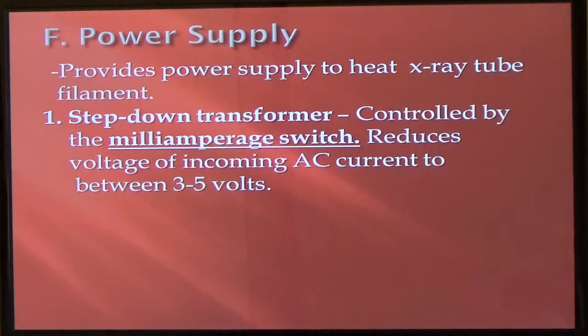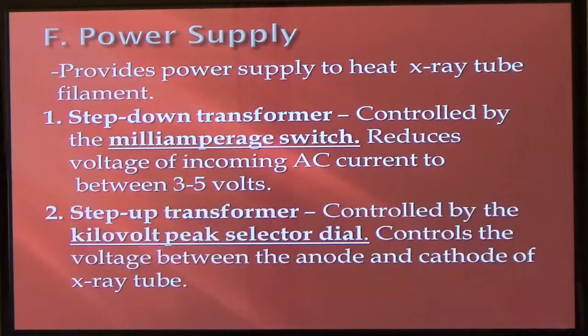This reduces the voltage going from AC current down to about 3 to 5 volts. So if we're going from 210, it breaks it down to 3 to 5 volts, which is needed inside the tube there. Then you have a step-up, which is the kilovolts, and that's after the 3 to 5. If you need to increase the number of X-rays that you're shooting, then you increase the kilovolts inside the X-ray tube head.